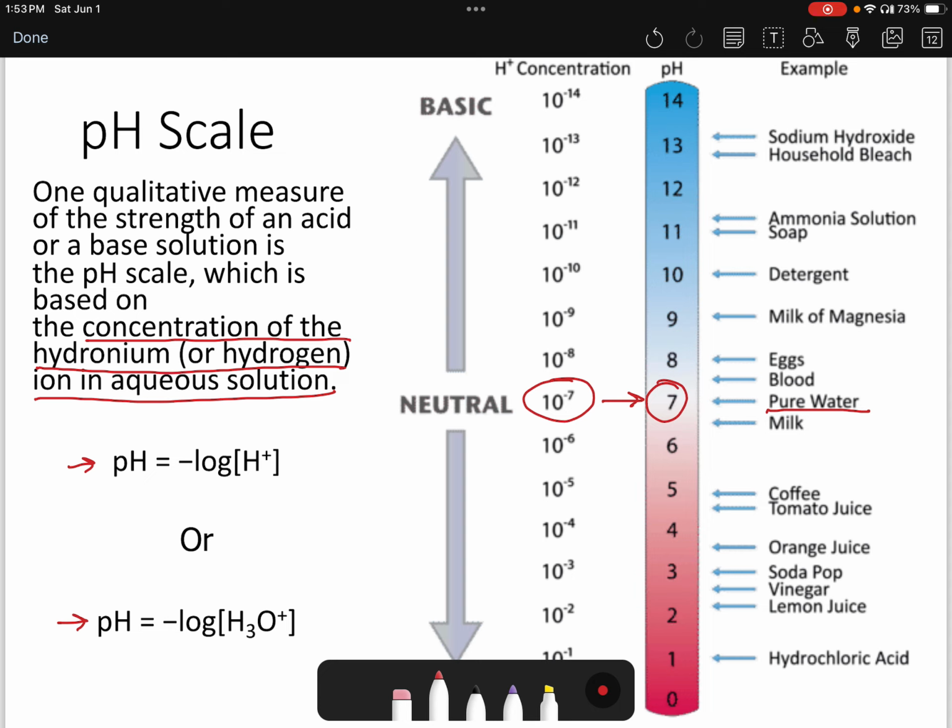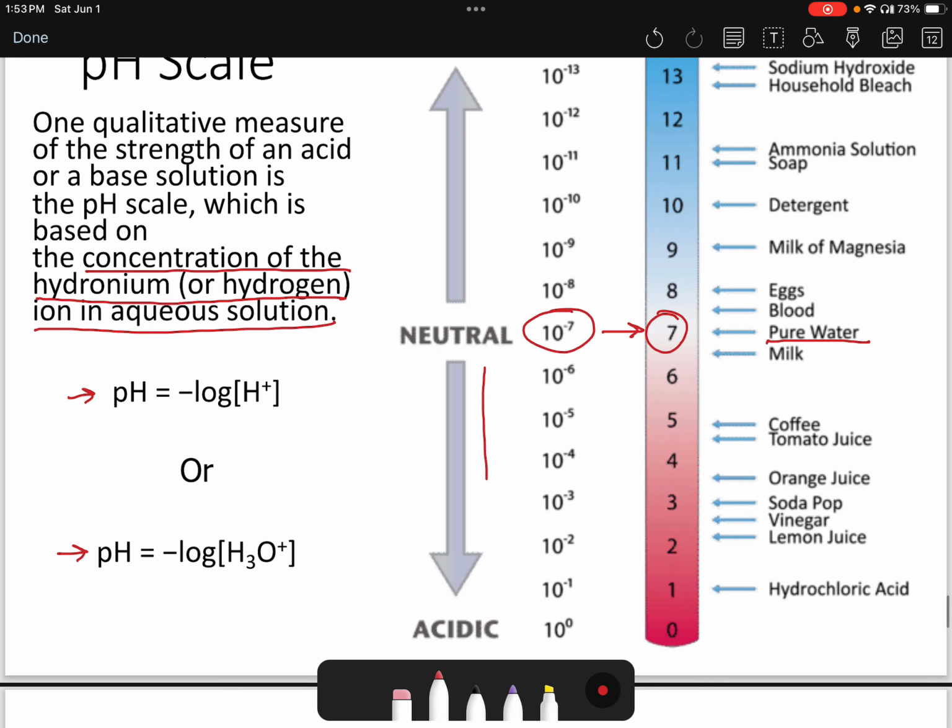Now, we also said that acids should have a greater concentration of H plus or hydrogen ions. So notice that as we go down towards acids, the values are getting larger and larger. So we're going from 10 to the negative 7 all the way down to 10 to the negative 1.